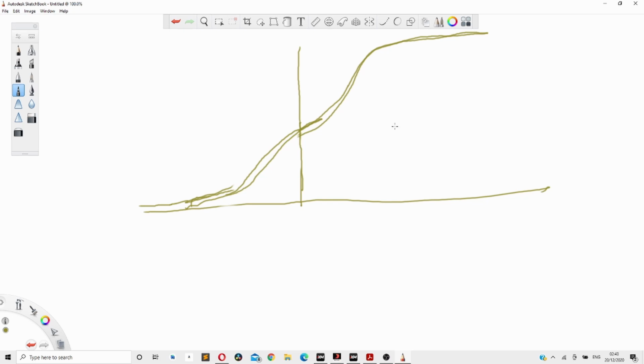So this is the rough diagram of the sigmoid function. Here we have the sigmoid of x, and here we have x, and here is 0.5, and then we have the maximum, which is 1, and the minimum, which is 0.